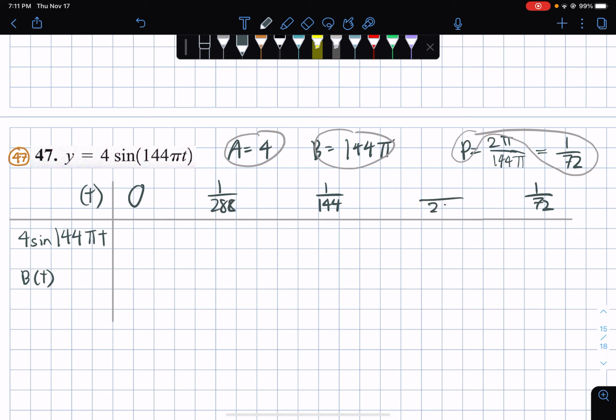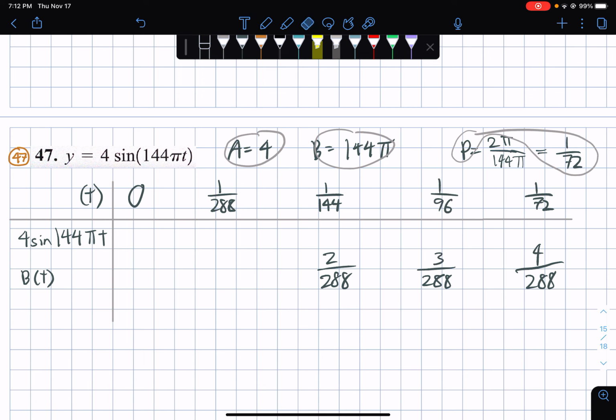Let's say this is 2 over 288. Here is 288. I think this is 4. 4 over 288 is 1 over 72 as a simplified form. 3 over 288 is basically 1 over 96.